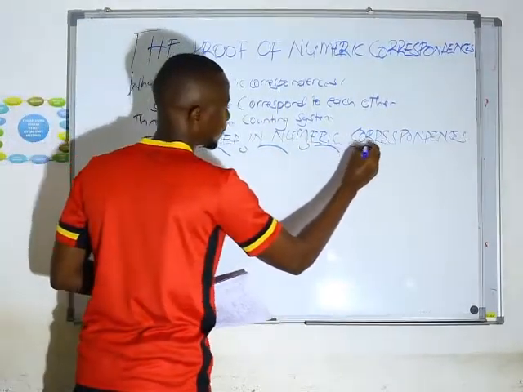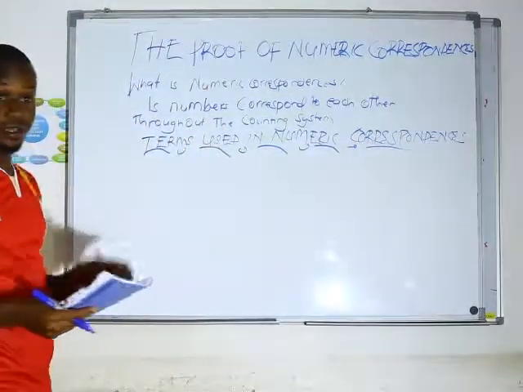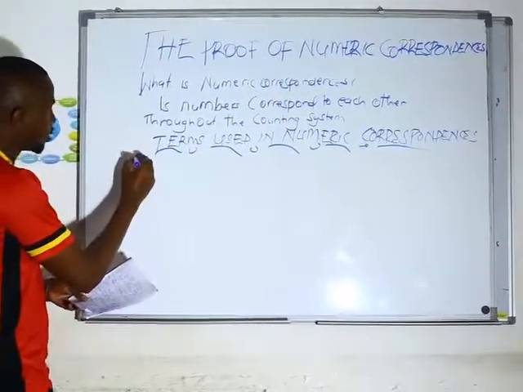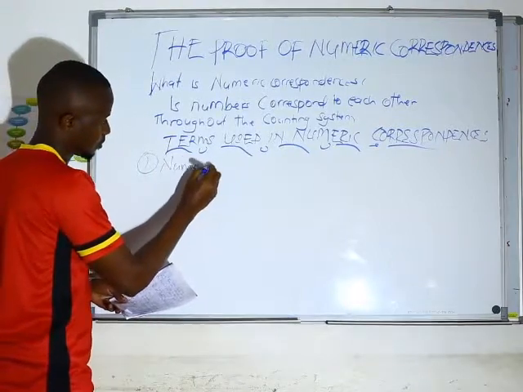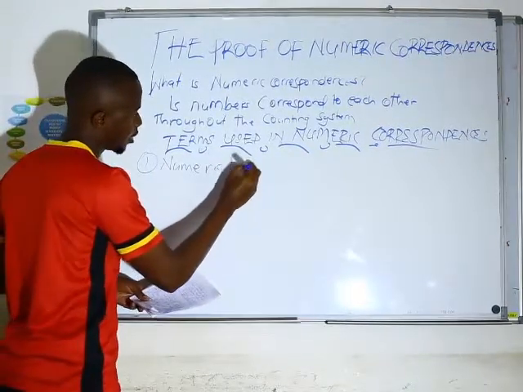Terms used in numeric correspondences. The first term is going to be the numeric locator.